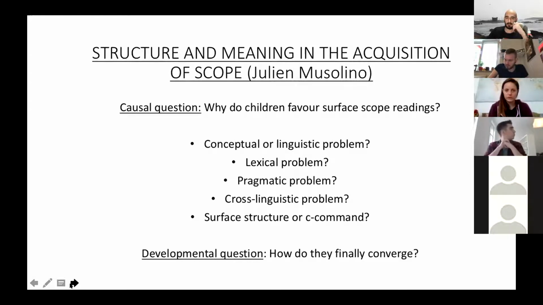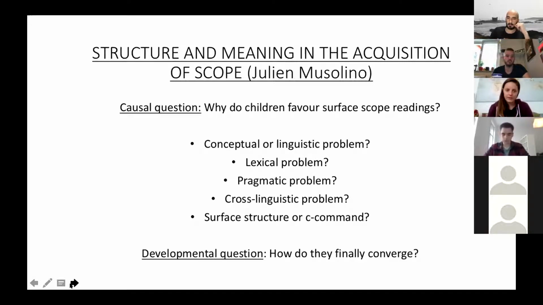So do children have a conceptual problem with grasping the concept of these relations, or are they stuck in a linguistic process? The lexical problem that arises is, does it make a difference if we use universal or existential quantifiers? Do children have the same isomorphism effect?